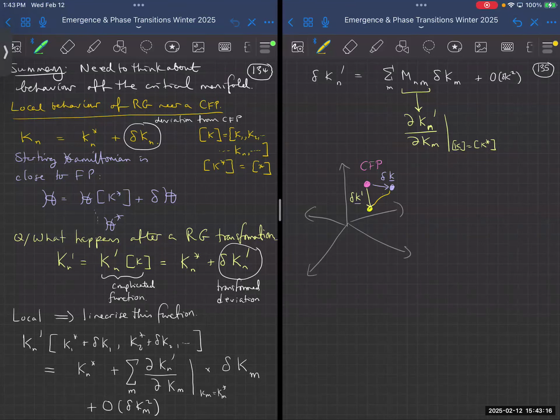And so this is the renormalization group transformation that has happened. And so I can map out a trajectory, as long as I stay in the vicinity of the critical fixed point, by looking at this linearized dynamics.